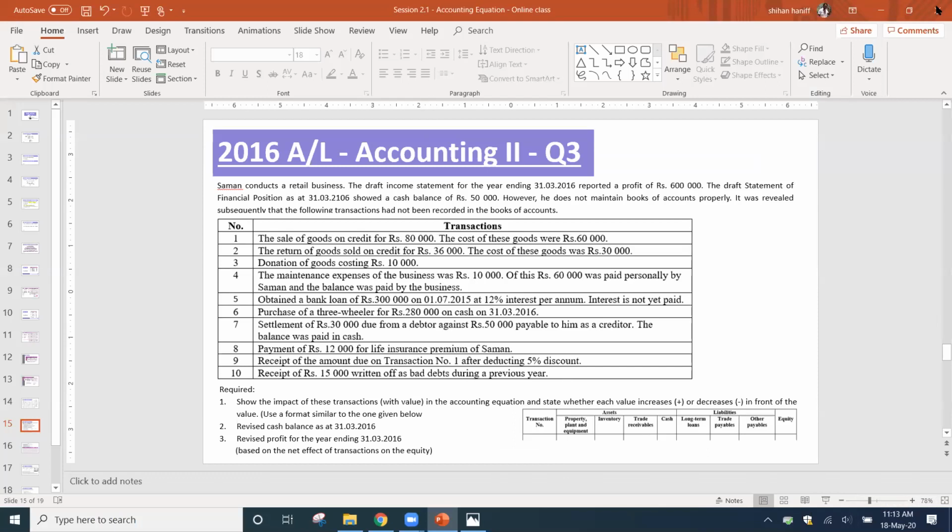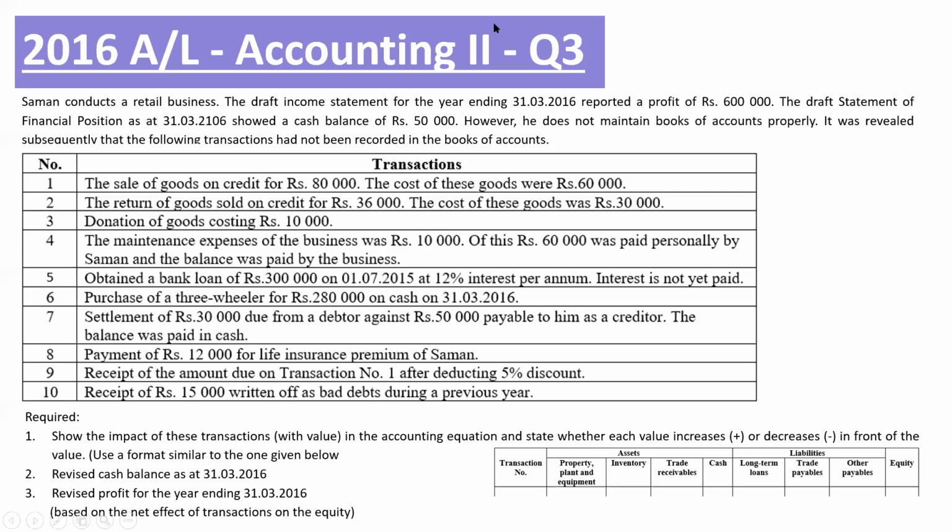Right. So let's start 2016 A-level. 2016 paper. Someone conducts a retail business.